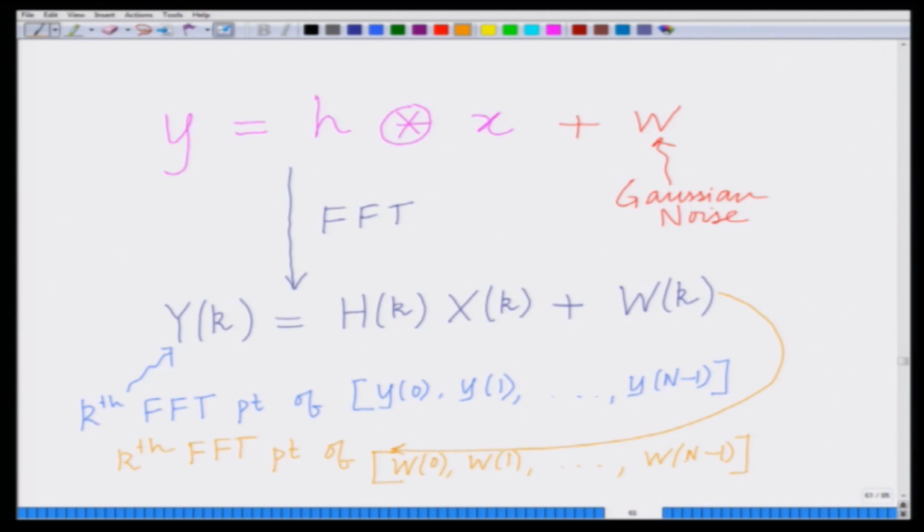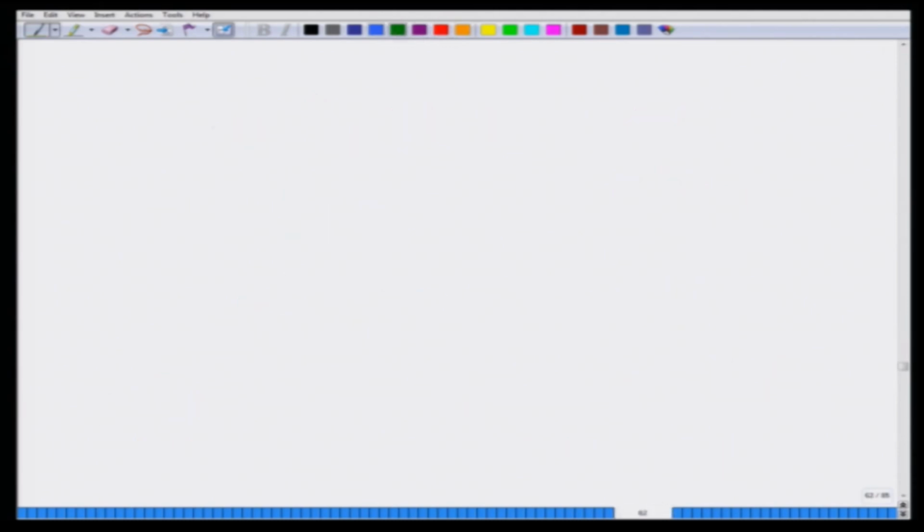In other words, the noise Wk is given as the sum over L equal to 0 to n minus 1 of small w of L times e to the power of minus j 2 pi k L divided by n.